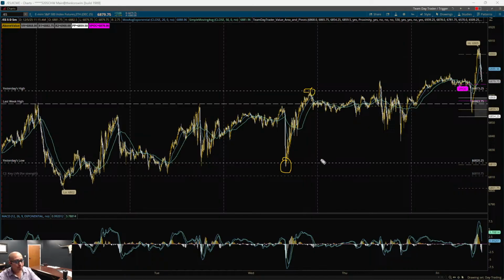Now, could you have made money selling this high and buying this low? Yup. But what's the better trade? What's the best trade to make the maximum amount of profit? Buying this low, selling this high. Not selling this high and buying this low.